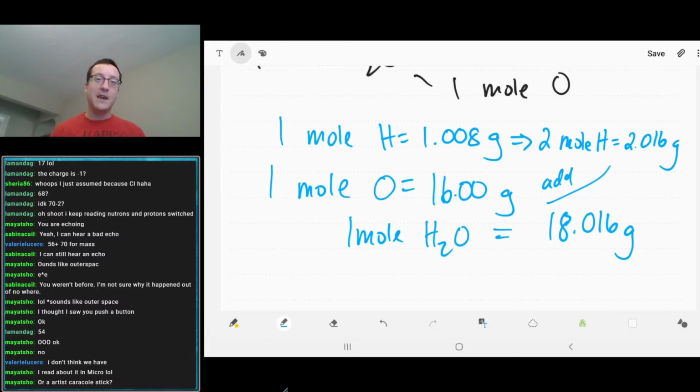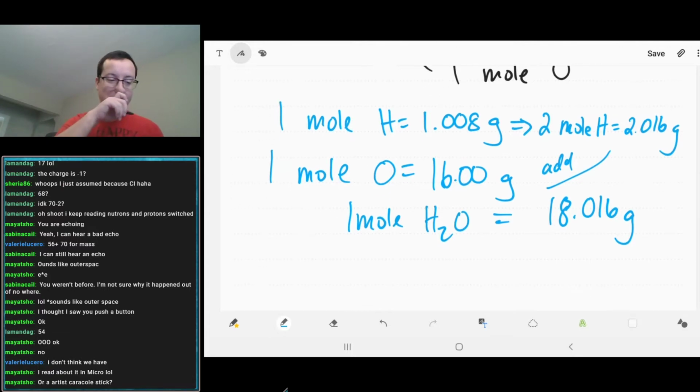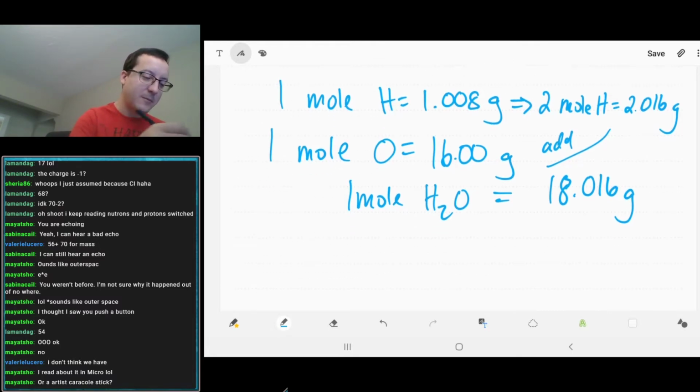So we added together 2 hydrogens and 1 oxygen. We took the atomic mass of hydrogen, multiplied by 2, and then we added to it the atomic mass of oxygen, and we got the molecular mass of water here.